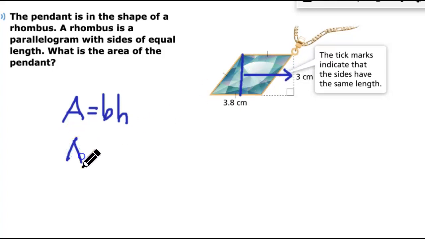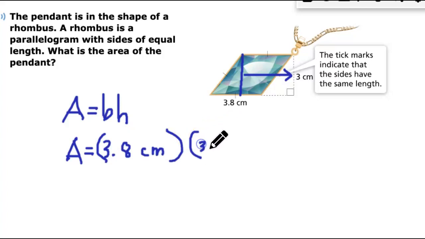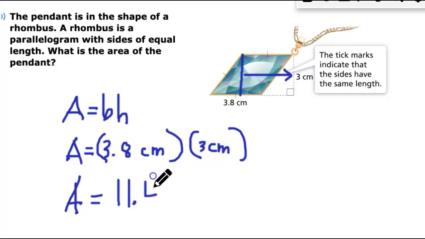So now we get the area. The base is 3.8 centimeters. This time I'm going to carry the centimeter so that we know what units we're working with. And then the height will be 3 centimeters. Alright, so now we're just going to multiply with your magical tool. 3.8 times 3 using your amazing tool called a calculator is 11.4.